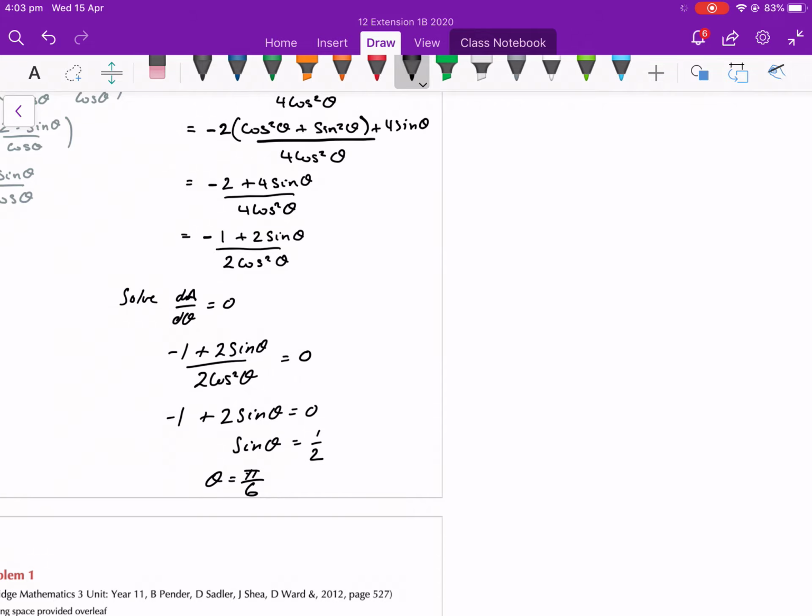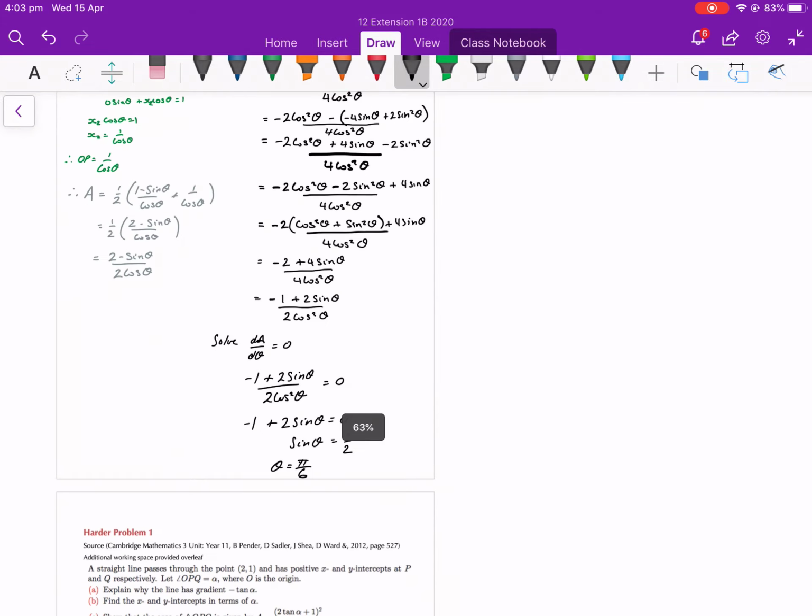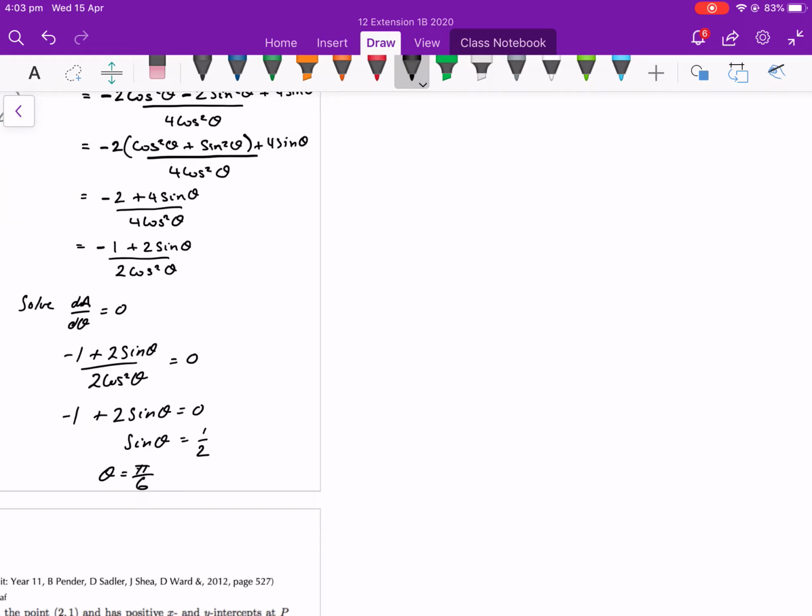However, we need to test this particular value. Last thing, we need to show it provides a minimum. We don't have the second derivative, and finding the second derivative will be quite complicated. So we're going to use the table test for this. So theta and dA on d theta.